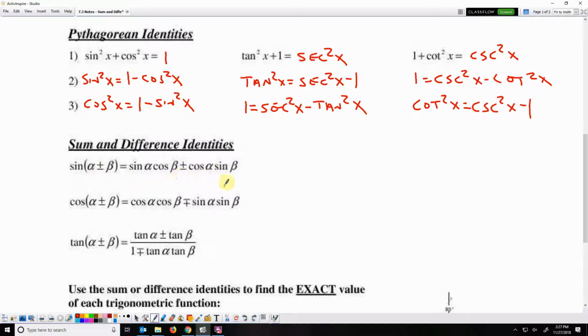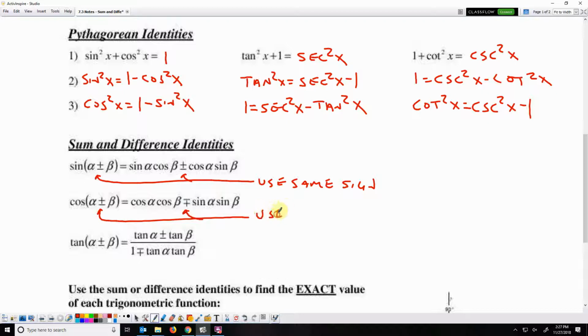Now notice there's a plus or minus there and there. Whatever sign I use here, I use here. So use the same sign. But notice with cosine, there's a plus or minus, but here it's minus or plus. That means use the opposite sign.